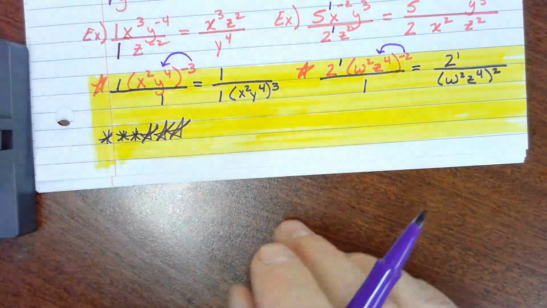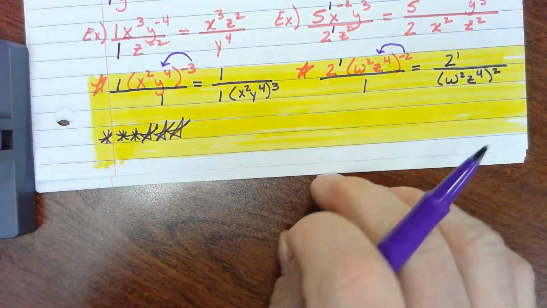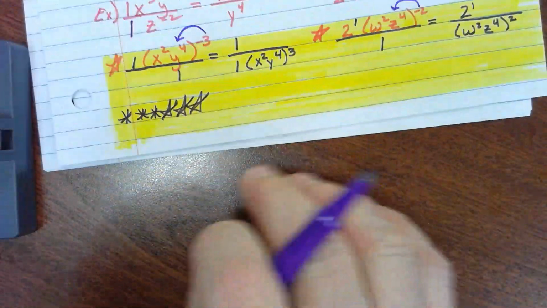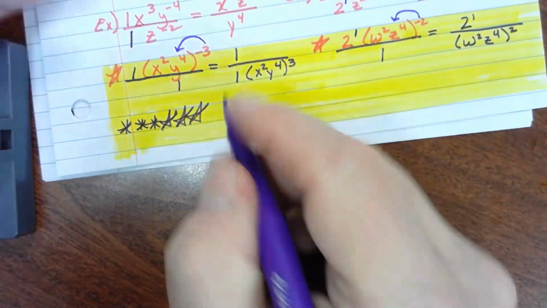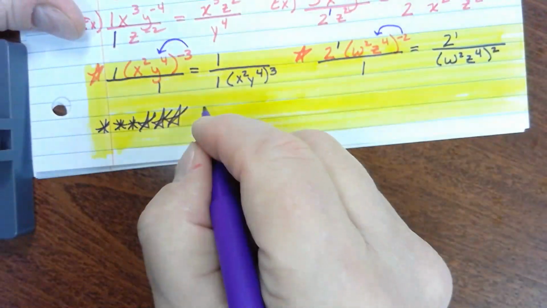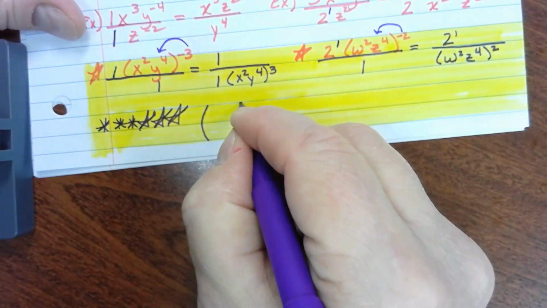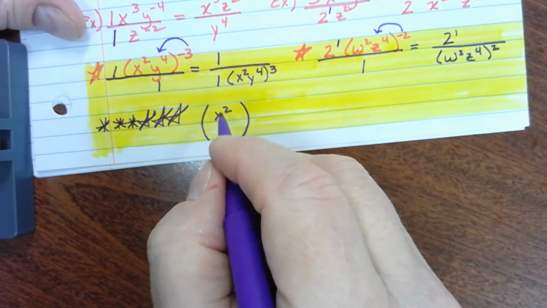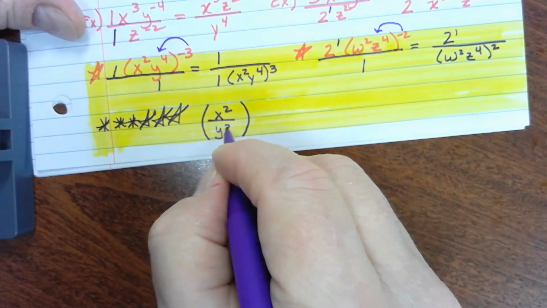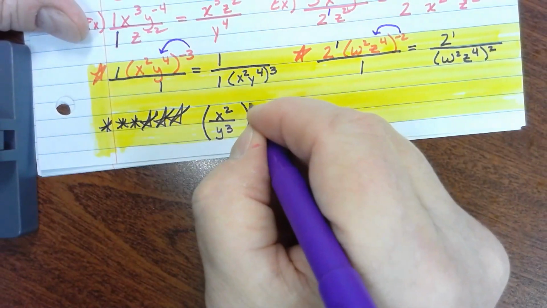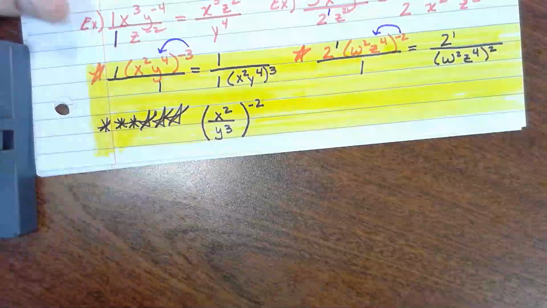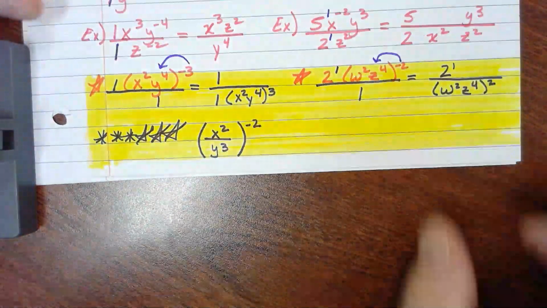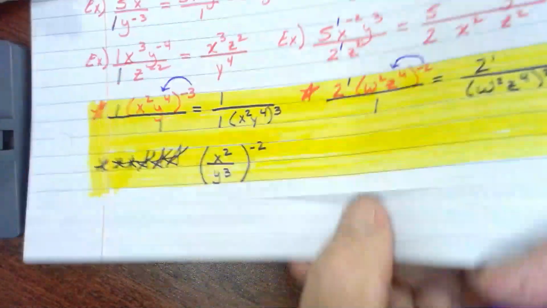The last one is a triple star, triple asterisk. It's a biggie. It's not hard. X squared over y cubed raised to the negative 2 power.